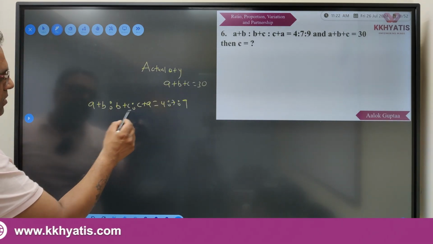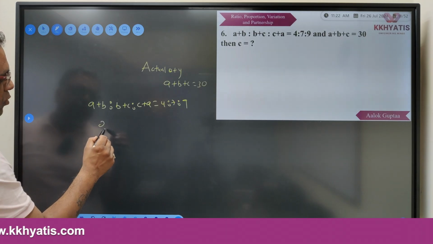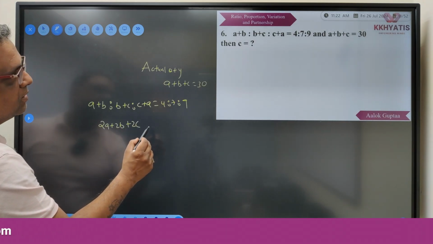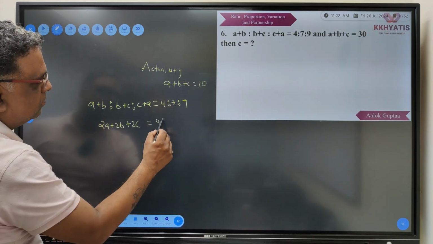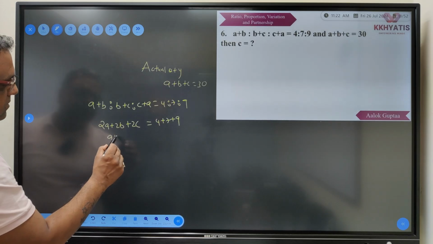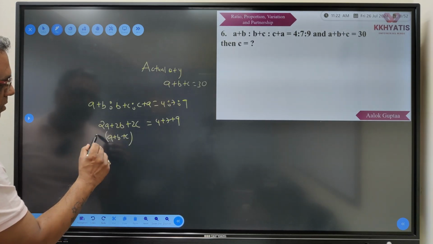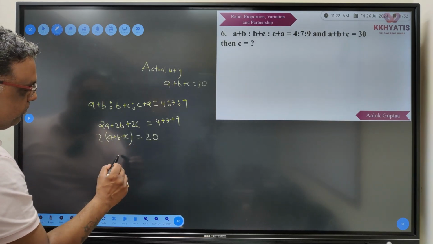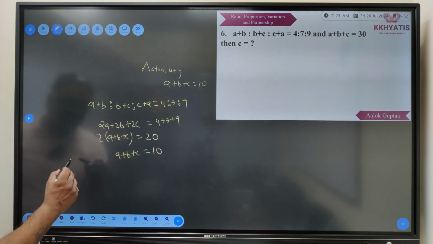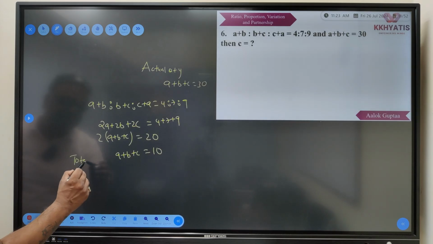So now if I add all this, it will become 2A plus 2B plus 2C will actually become 4 plus 7 plus 9. Which means A plus B plus C, I take 2 common, will become 20, A plus B plus C is 10. So this is total of ratio.